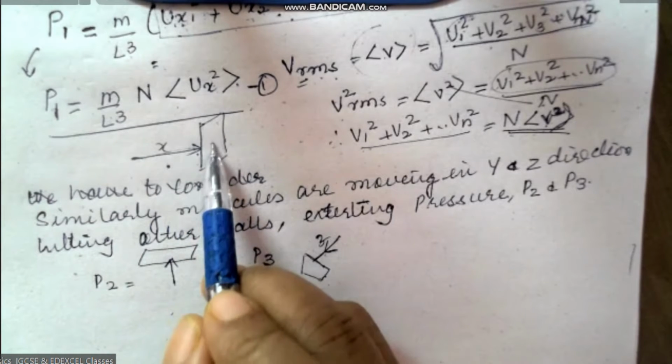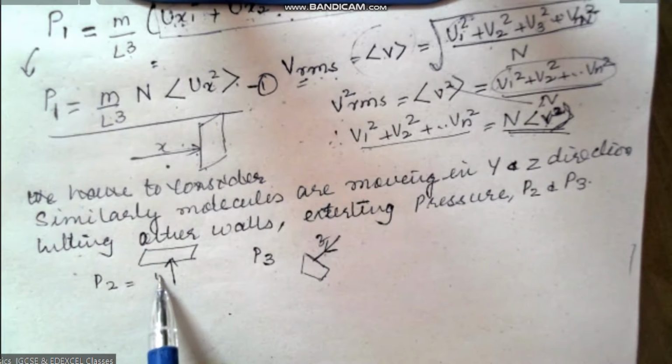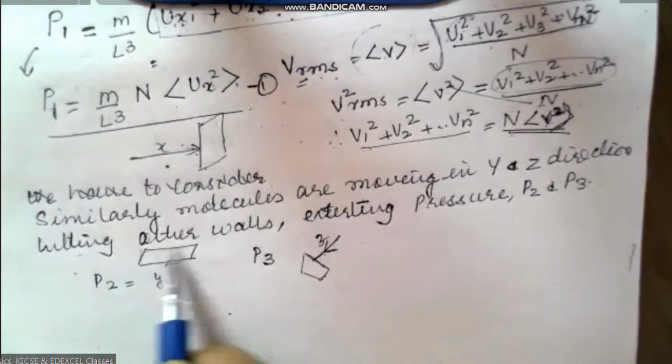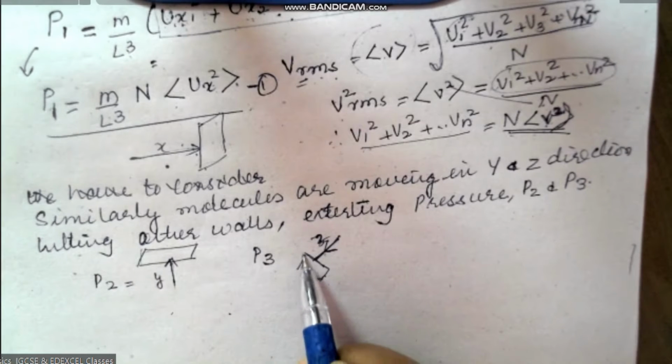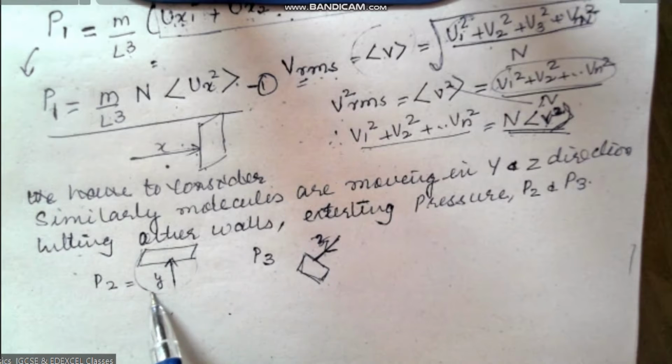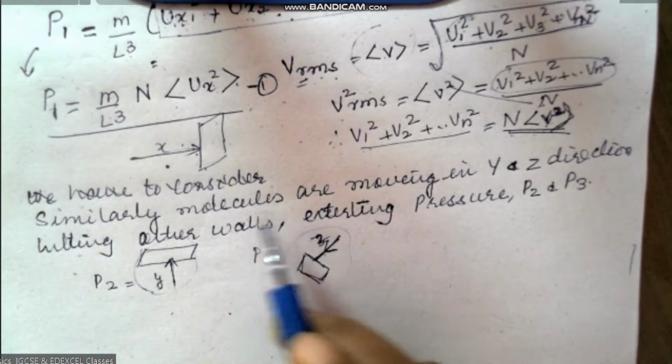So this, we considered only molecules moving in the x direction, hitting the opposite wall, exerting pressure. Similarly, particles are also moving in the y direction and they hit this wall. Particles also will move in the z direction and they hit their corresponding wall.